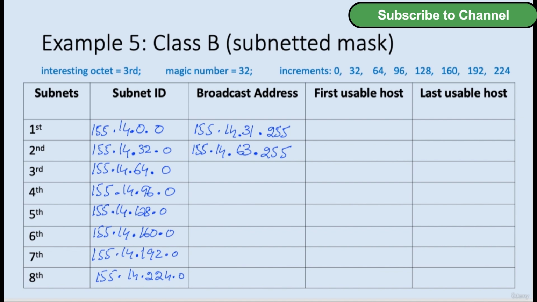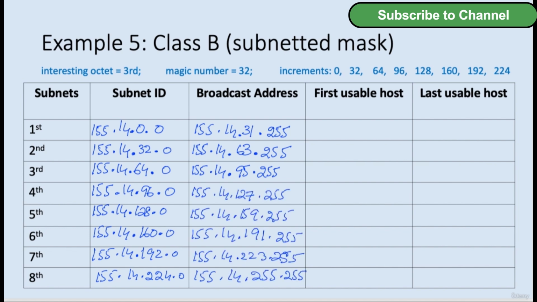In the subnet ID's interesting octet. So I start writing 155.14. The interesting octet has come, which in the subnet ID has the value 64. To 64 I will add 31, so it will become 95, and the octet available after the interesting octet will become 255. And now I'm going to fill the other values.